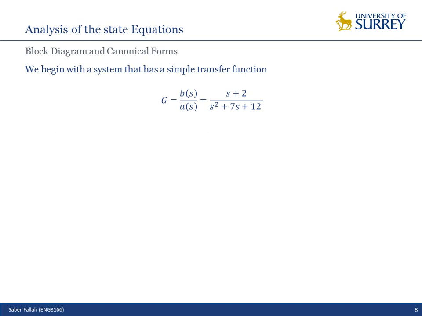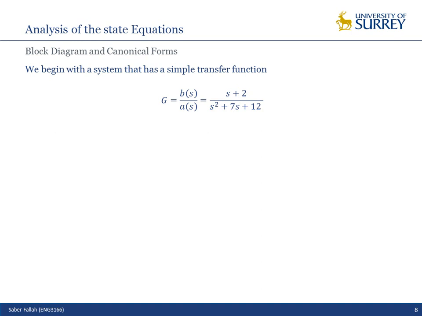Or the Laplace transfer function is given and we want to find the state space representation. Okay, we have two situations. First, I would like to talk about how, if a transfer function is given, to find the state space representation of a dynamic system.